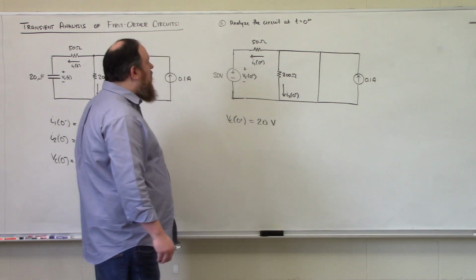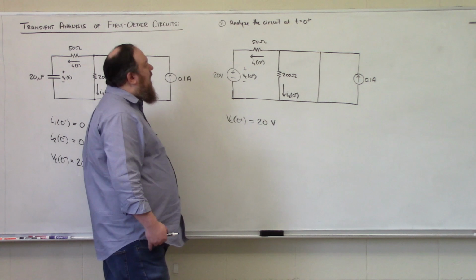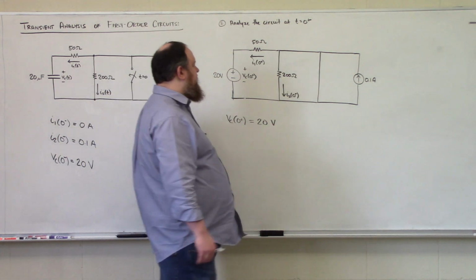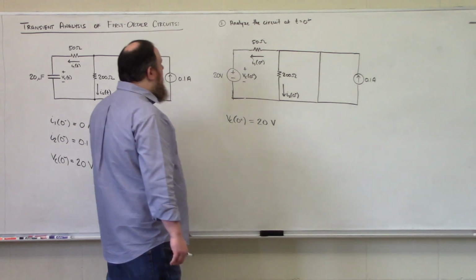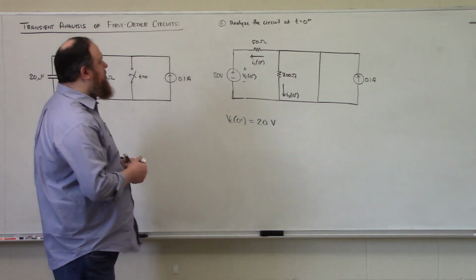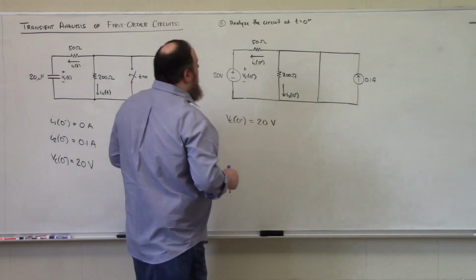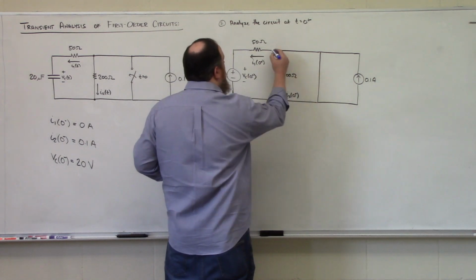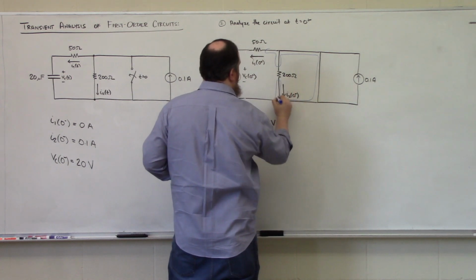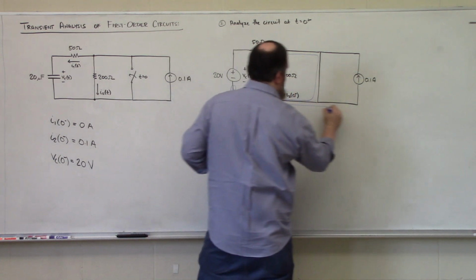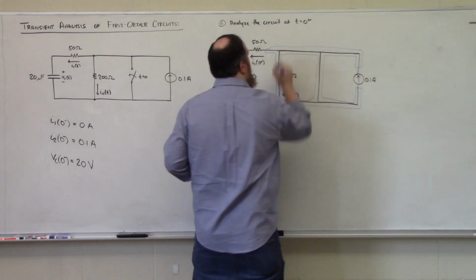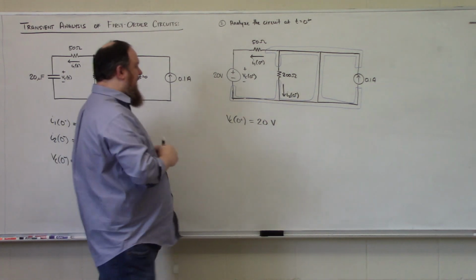All right, so now we need to figure out what I1 at 0 plus is and I2 at 0 plus is. So we're going to have to look at what's happening here. Our capacitor has 20 volts across it. And this is all one large node that I've outlined in blue.